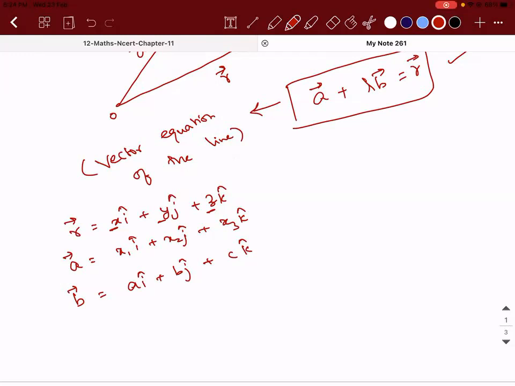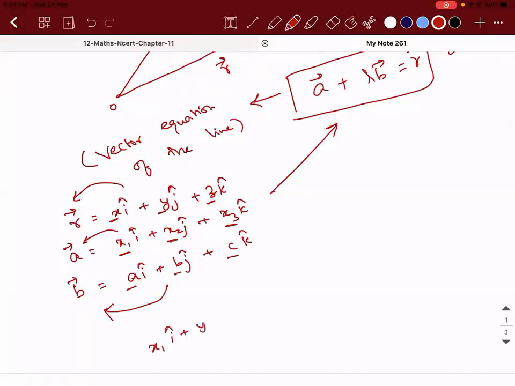Now tell me, let me see how much you remember. They are the direction ratios of whom? Of r vector. X1, X2, and X3 are the direction ratios of A vector. A, B, C are the direction ratios of B vector. If I take this and substitute it here, then what will I get?